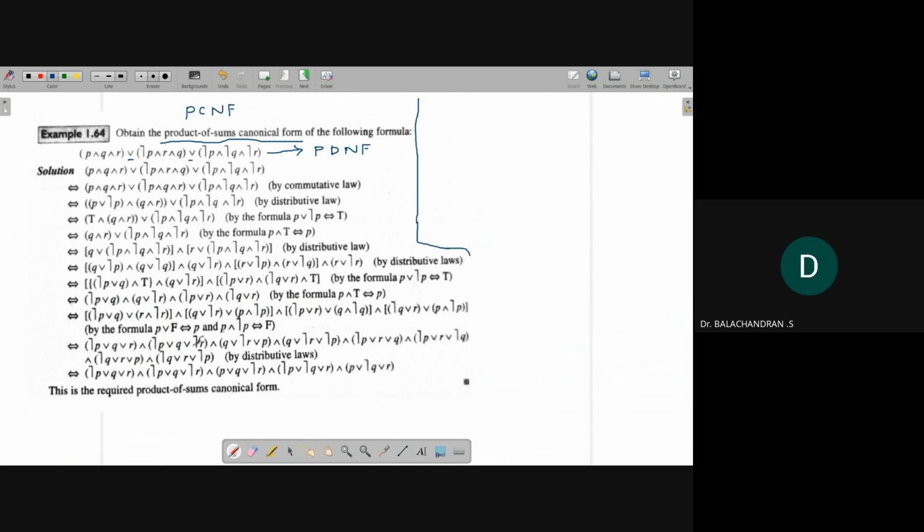So now you need to find the PDNF of, if you take this as S. What is S here?